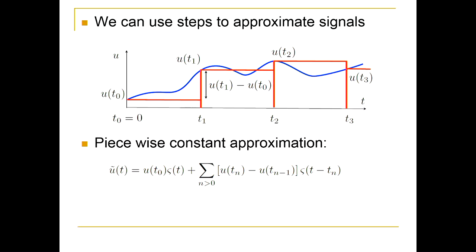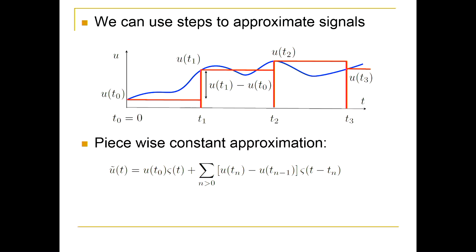Note, I have here u at t0. That's the value of the blue function at time t0. And then the red signal would be saying, well, I keep that for a while. So basically, this says I scale a unit step function. Zeta is the unit step function. And I just scale it with the value u at t0, right?